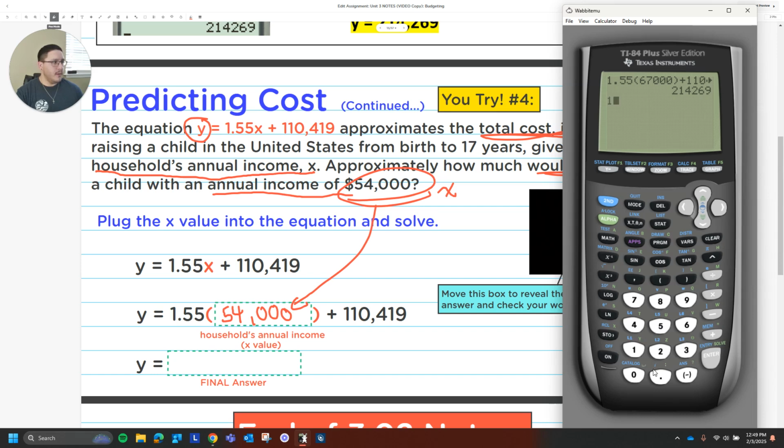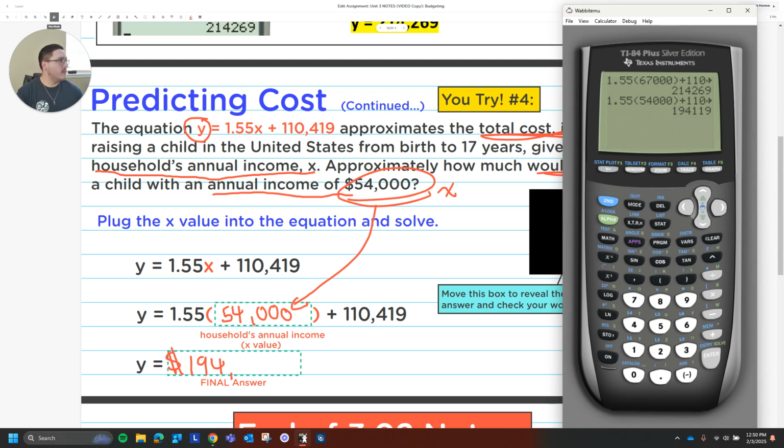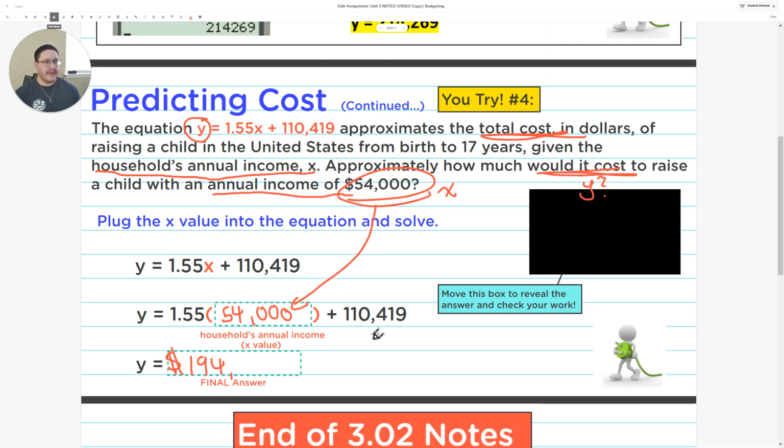So 1.55 parentheses 54,000 close parentheses plus 110,419, and we get 194,119.